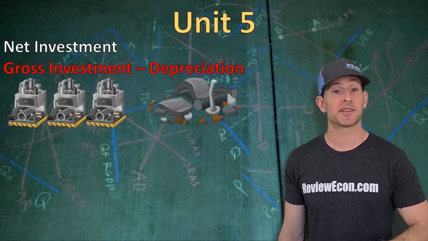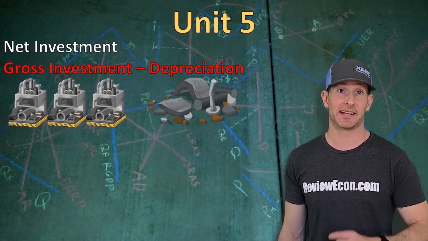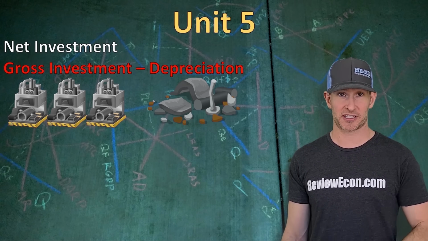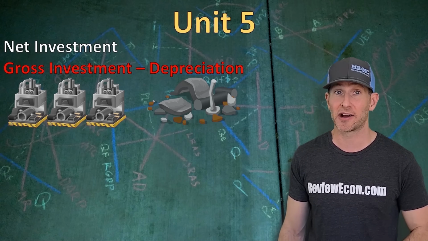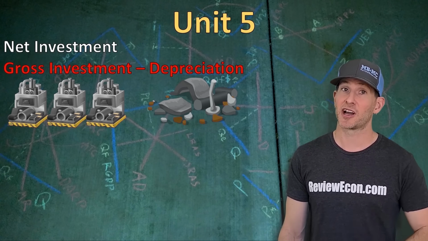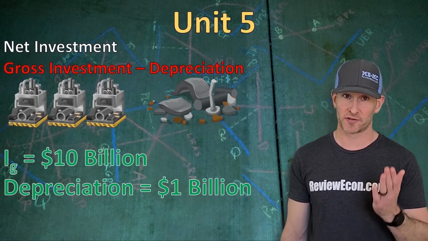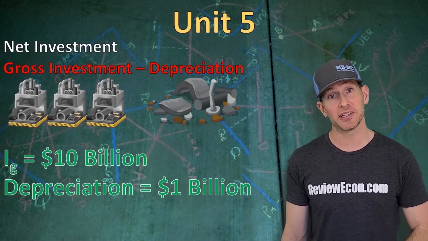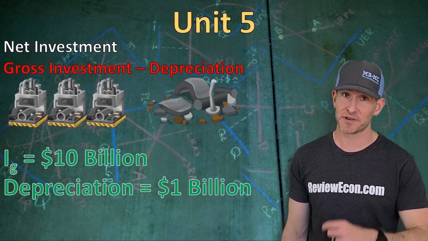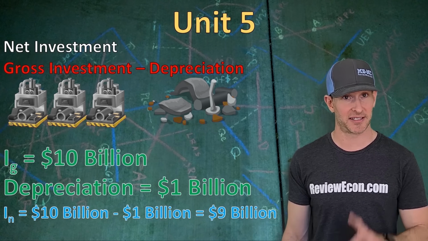We subtract that depreciation to get net investment. That is the new amount of physical capital that has added to the economy's productive capacity. That shifts the long-run aggregate supply curve to the right and the production possibilities curve outward. If an economy has $1 billion worth of gross investment and there's $10 billion worth of depreciation, plug in the numbers and do the math, and we see that the capital stock in this economy has changed by negative $9 billion.